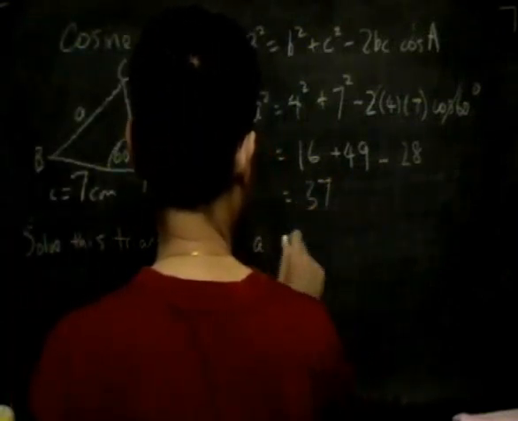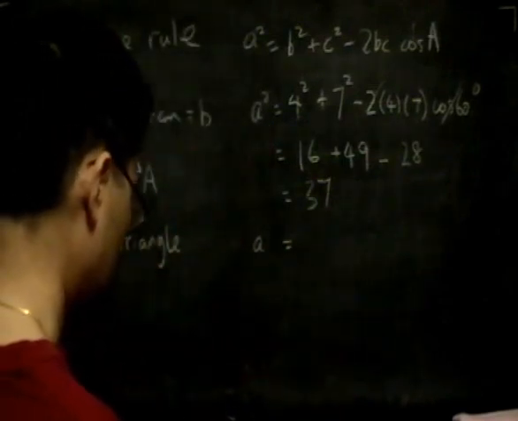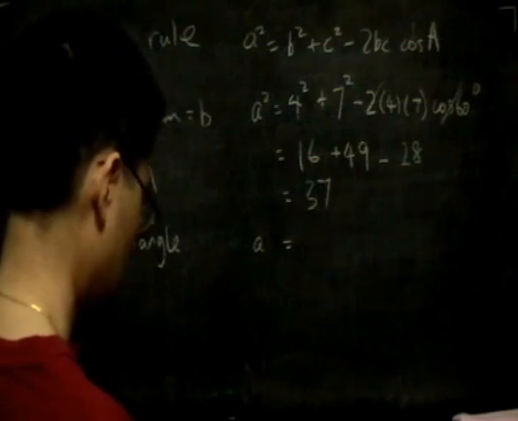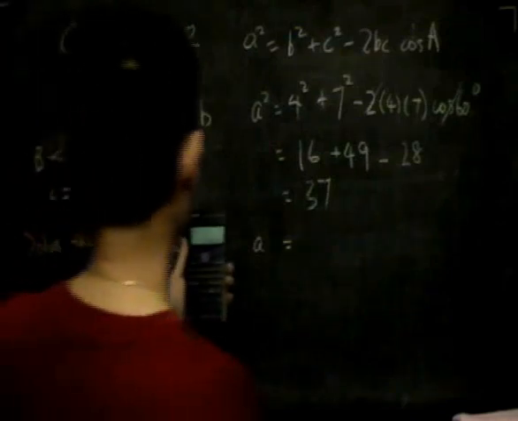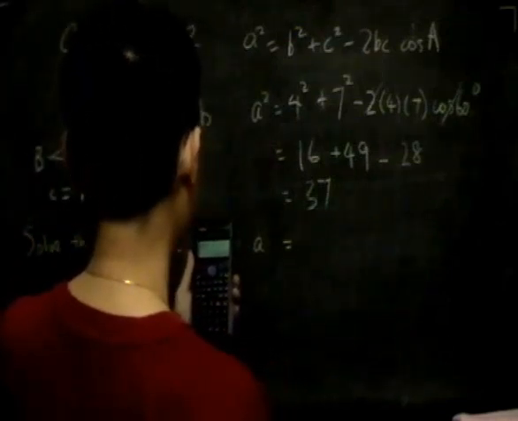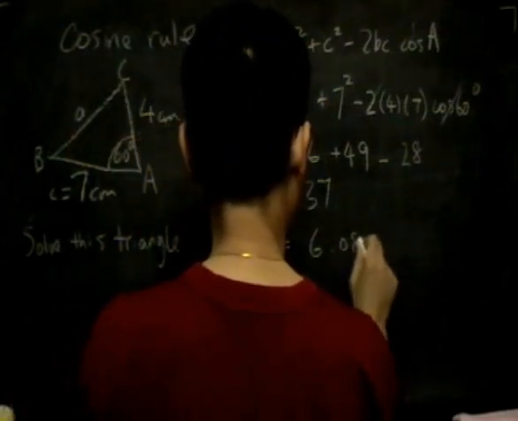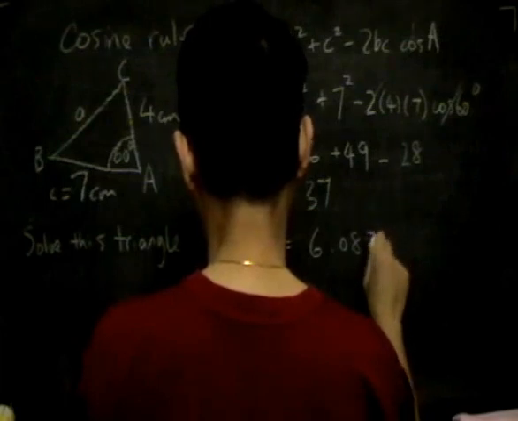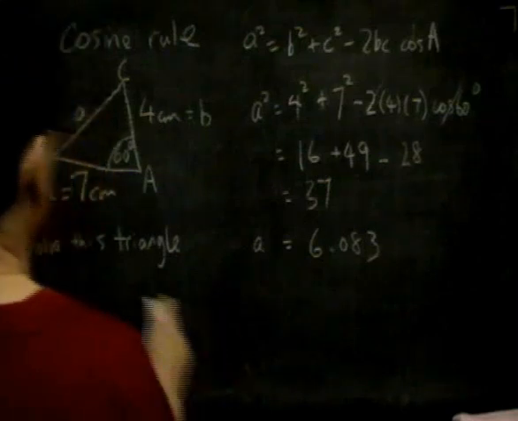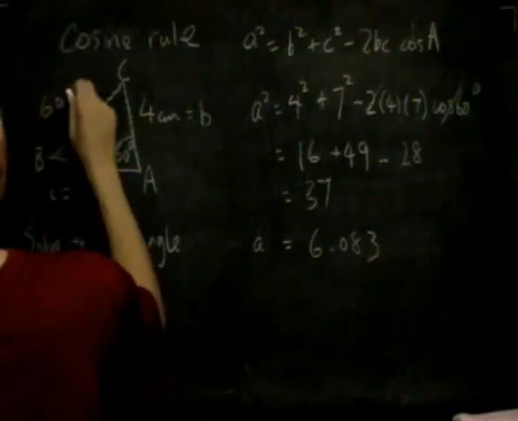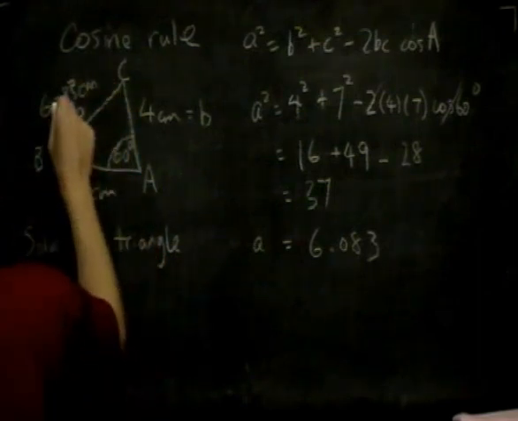So therefore A is the square root of 37, which is 6.083. There. So now we have side A. A is 6.083 centimeters.